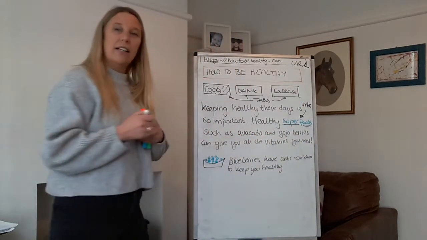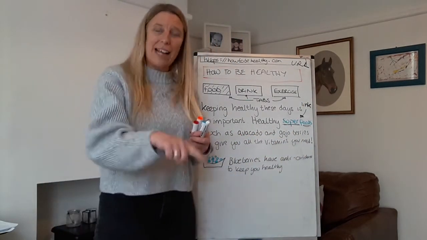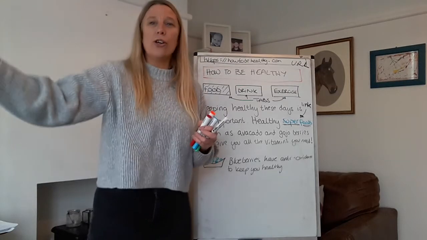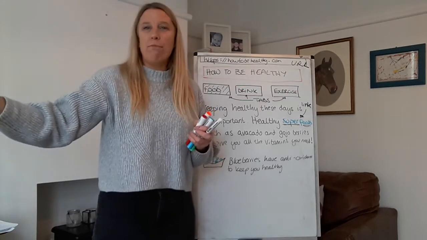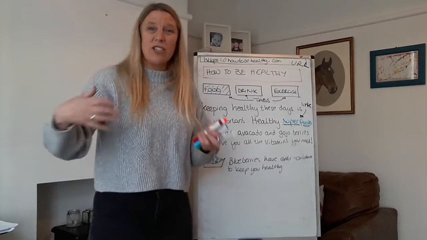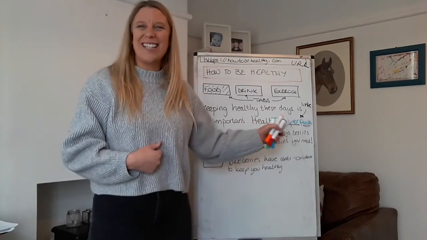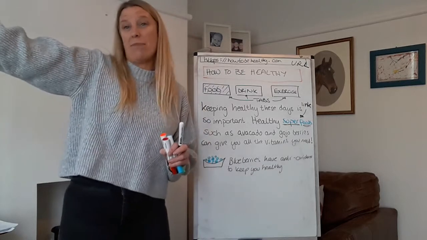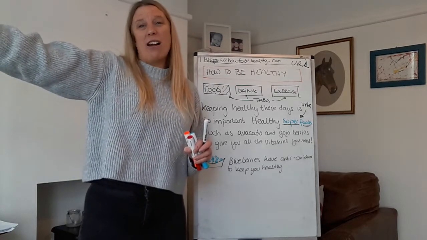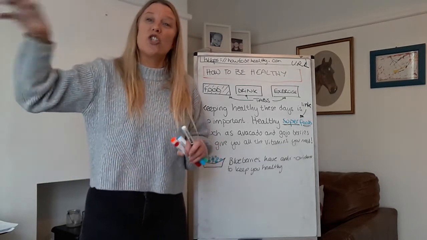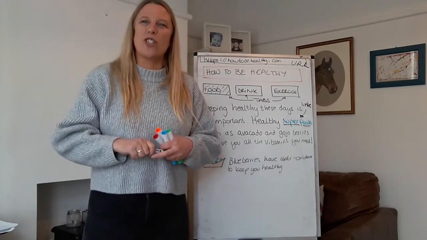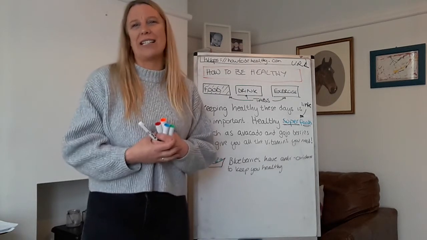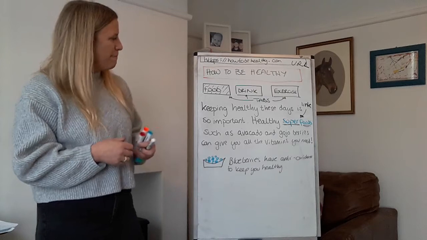A link is where you can click on it and it will take you to another website that talks about superfoods. So this word superfoods is underlined. If I click on that, it'll take me to another place that tells me about superfoods. So it's a link to another site. It's called a link, okay?